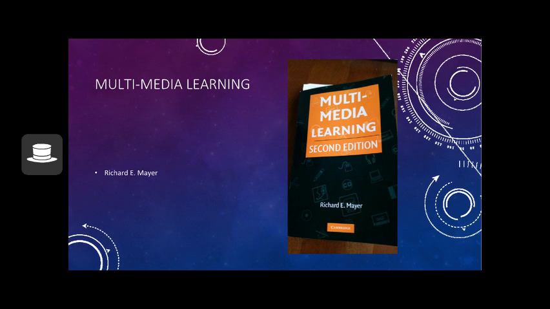So what is multimedia? Mayer defines multimedia instruction as a presentation of material using both words and pictures with the intention of promoting learning. So the guiding thesis of this book is that people learn better from words and pictures than they do from just words alone.